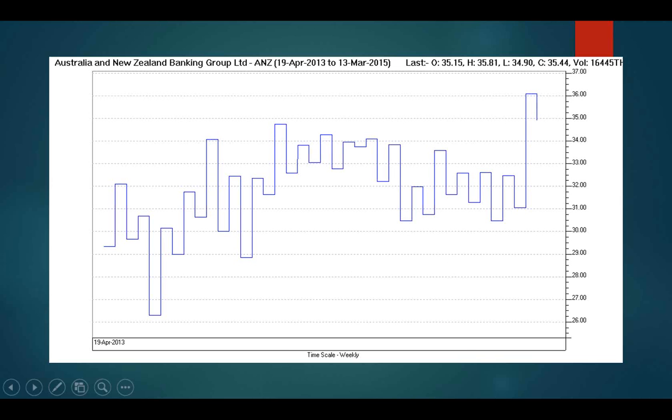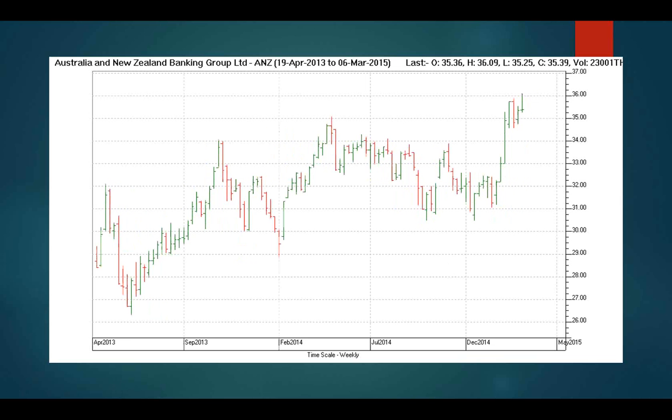But for now, I think it's going to serve you much better to get to know either bar charts or candle charts. The sad thing for you is my preference is bar charts. And the only reason for that is because that's what I learnt on. Many years ago, before personal computers were so readily available, I used to hand draw the price action of our charts.